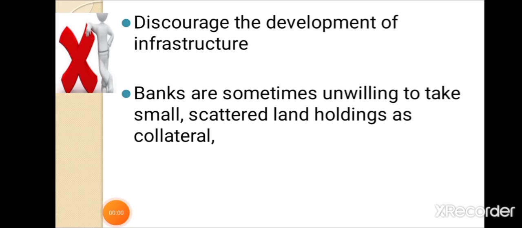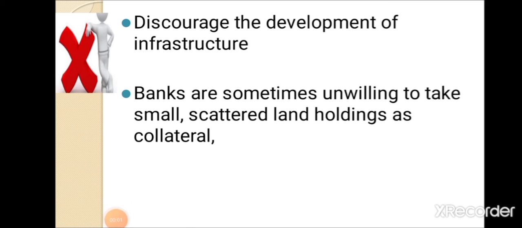Next disadvantage is small and scattered plots hamper the use of machineries and other large scale agricultural practices. Next disadvantage is small land holding also discourages the development of infrastructure like transportation, communication, irrigation and drainage, etc.